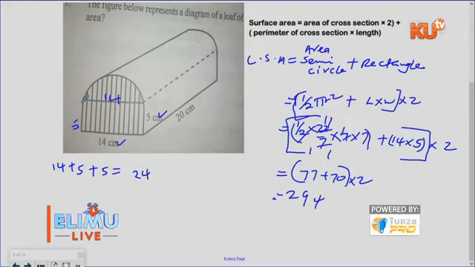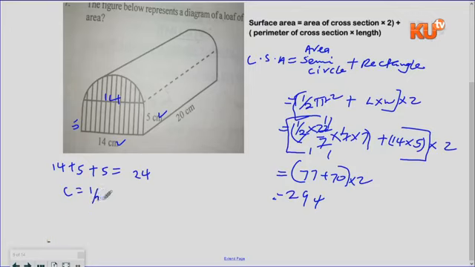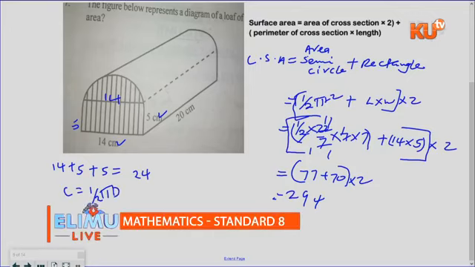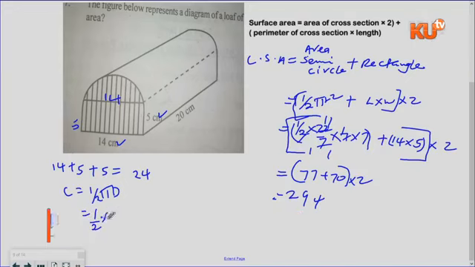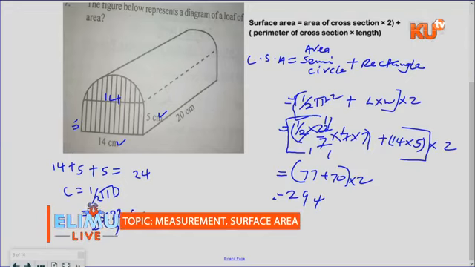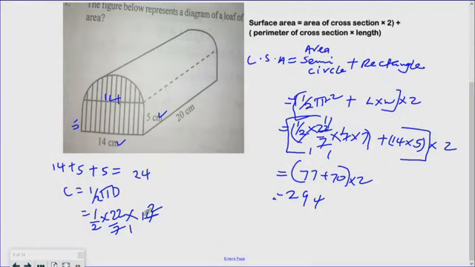And then now we find the circumference of this semicircle. How do you find the circumference? Circumference is equal to half pi d. So we're going to have half times 22/7 times the diameter, which is 14. So 7 goes here 1, 7 goes here 2, 2 goes here 1, 2 goes here 11. So 11 times 2 is 22.